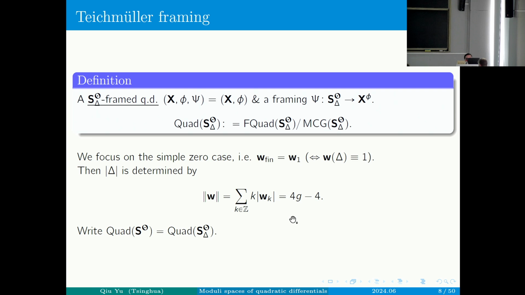So basically the polar information will tell you how many simple zeros you want to have. So sometimes we can omit this set of simple zeros because we know the number, and that's the only thing you need to recall.